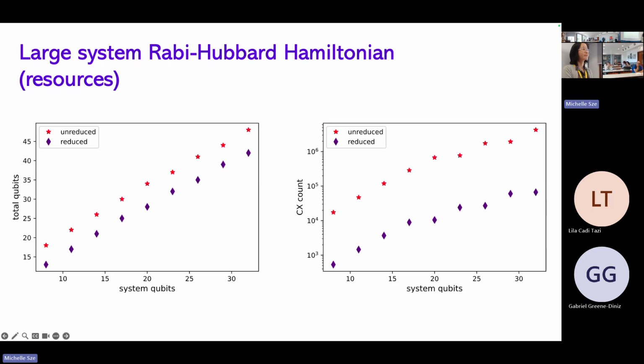And can you have multiple photons? Yes, this is the way I cut the number of photons, at most 3 or 2. If you set a higher cutoff on the number of photons, then you will make use of larger qubit numbers.